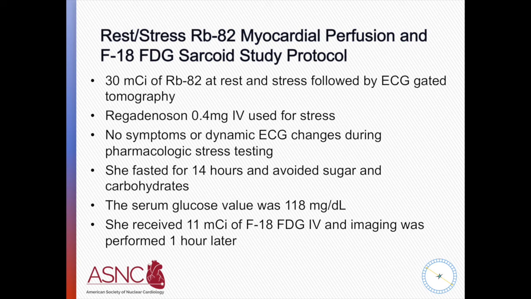And so you would basically give the people, 15 minutes before you give them the FDG, like 5,000 to 7,000 units of heparin, and that causes the liver to turn out a lot of fatty acids. So you basically overwhelm the glucose that's there, and you suppress the normal myocardial uptake. Absolutely. So very good. Continue.